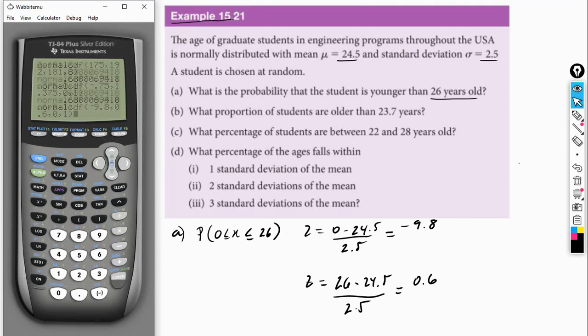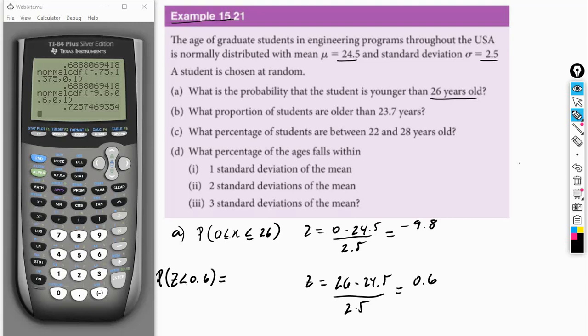And we click on enter, and there we go, 72.57%. But for the sake of formality, let's write the answer in terms of z. So we would say the probability of z being less than 0.6 is going to be 0.7257, or like I said, 72.57%.